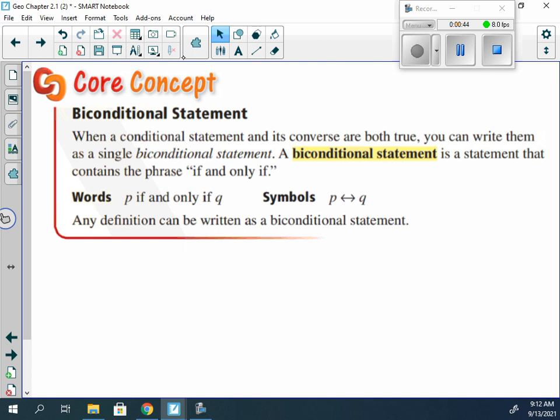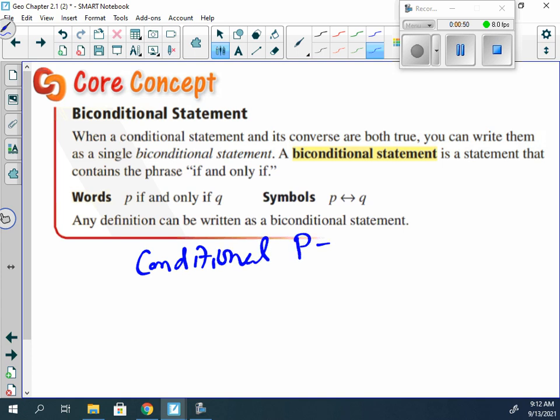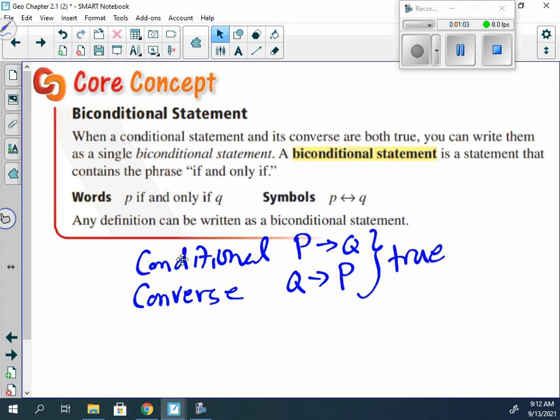So if we have the conditional, P implies Q, and our converse, Q implies P, and both of these are true, then we can write it as a biconditional statement.